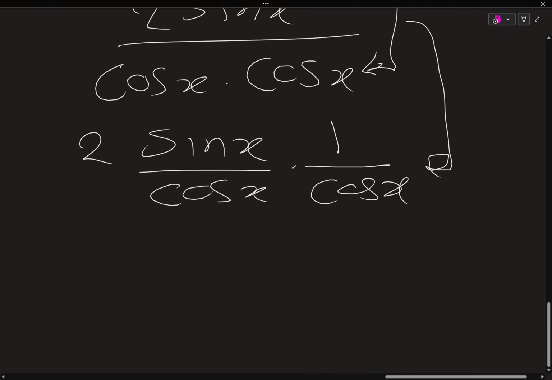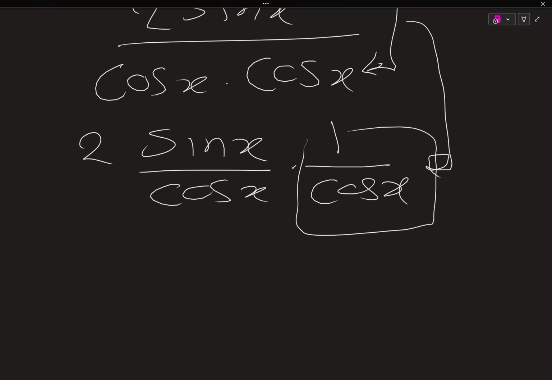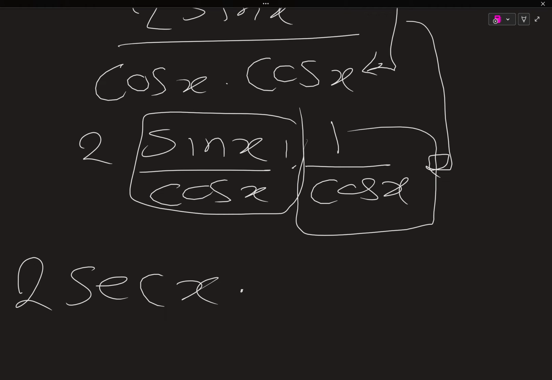From the first video, I did explain this identity here. This identity is simply sec. So it's going to be 2 sec x multiplied by this one here, which I gave as an identity.